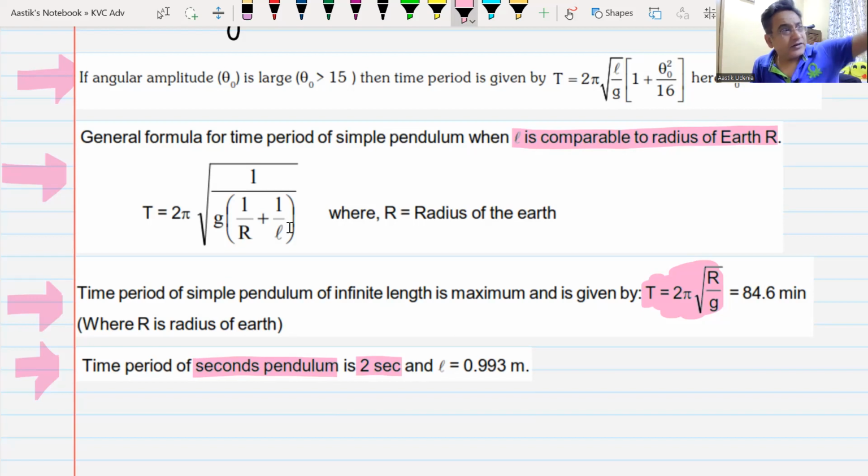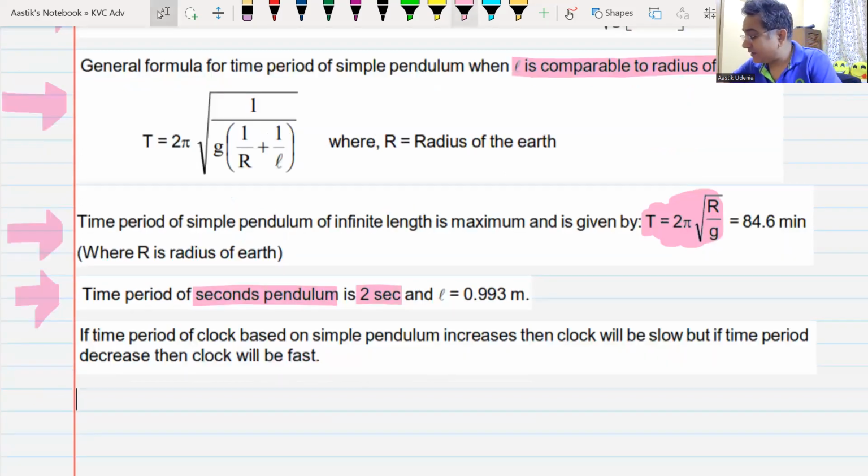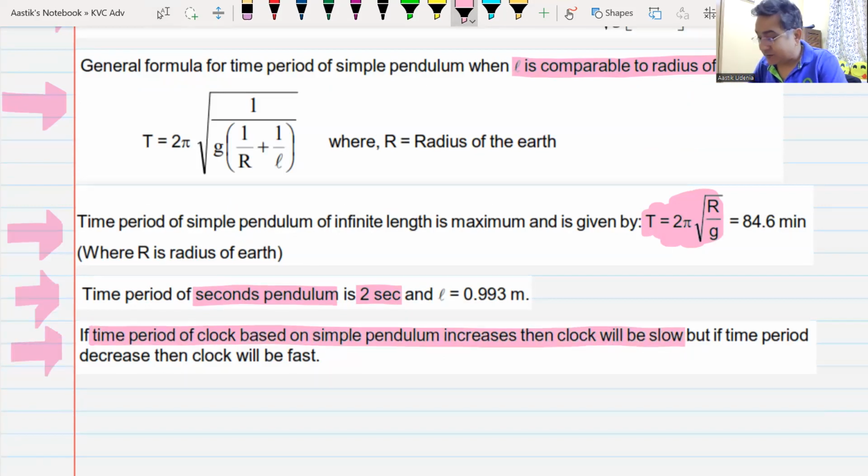The actual time period should be 2 seconds, but if it becomes 2.1 seconds, then what will happen? Time runs slow, sir. Yes, the clock will go slow. So remember, the clock goes slow when the time period increases.